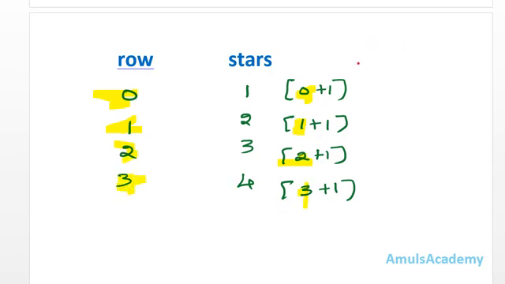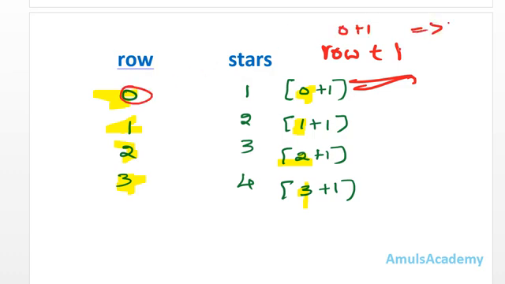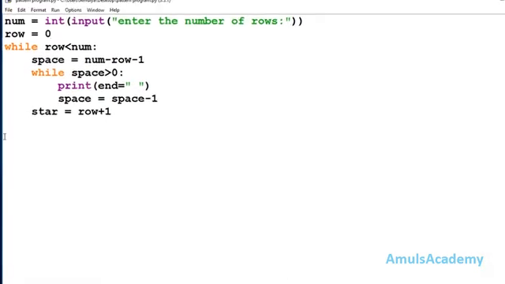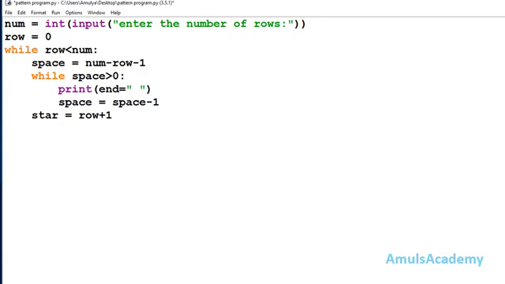So in general we can write we need row plus 1 stars. At the 0th row we can see 0 plus 1, we want 1 star. Yes, it is true, right? That's why here I took star is equal to row plus 1. This is the formula to print star in each row.